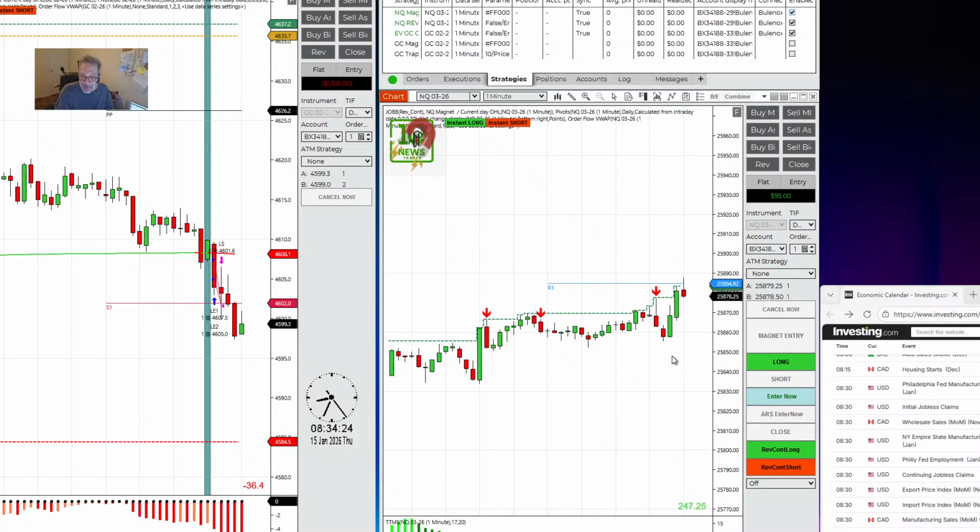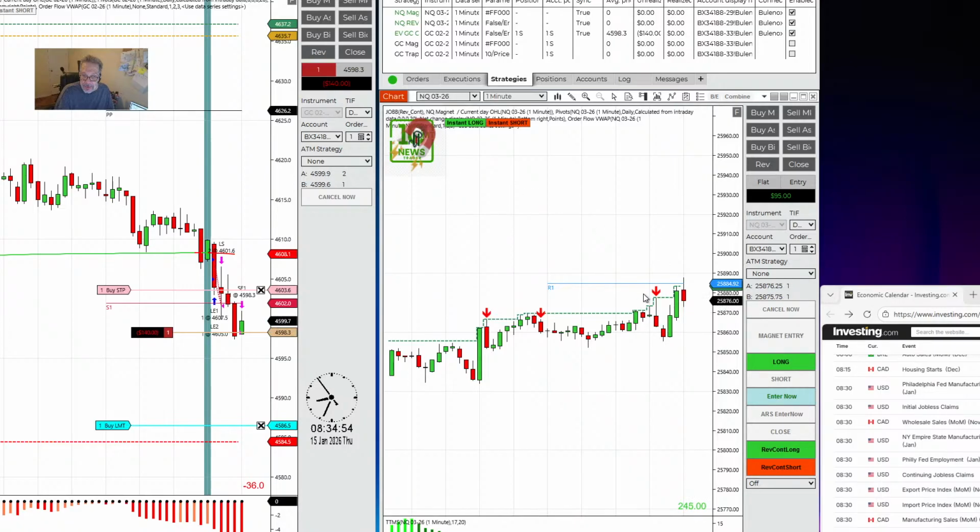I would probably be willing to take a short because it's made multiple new highs. It's risky. Nasdaq 100 futures extend pre-market gain to 1%. If it decides to keep going up, it could ruin your trade. Order submitted. Now gold looks like it wants to test the low. So I'll see if I can help this account.